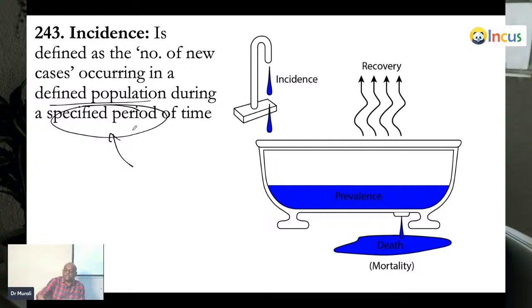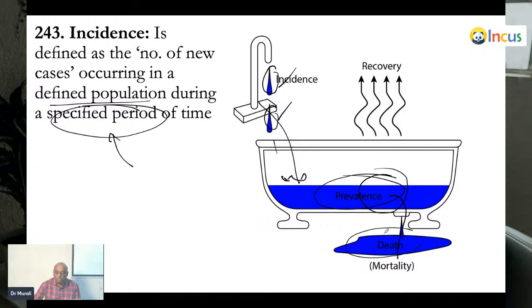Now, incidence. What is incidence? Incidence is number of new cases occurring in a defined population during a specified period. Not the old cases, only new cases. Just like the water freshly falling in is new cases. Already the water present plus new water that came is prevalence. And out of that, some of the old cases are gone because of death or because of recovery. The number of old cases comes down.